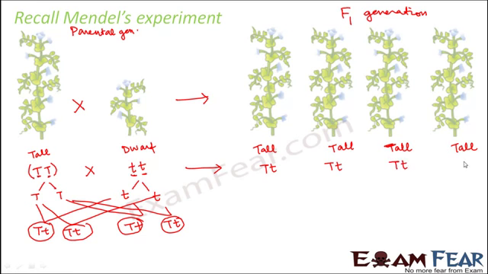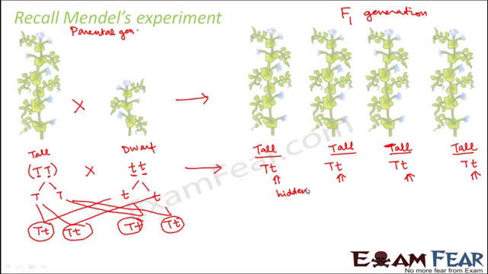In these heterozygous plants, we saw that capital T is dominant over small t, and that is why their phenotype is tall. So, now you understand that in the F1 generation, the plants appear to be tall because their phenotype is tall. But when you look at their genotypes, you see that a dwarf trait is also present in them. Because it is not dominant, it is hidden in the F1 generation. So, here capital T is expressed and small t is hidden. Small t is not expressed in the F1 generation.